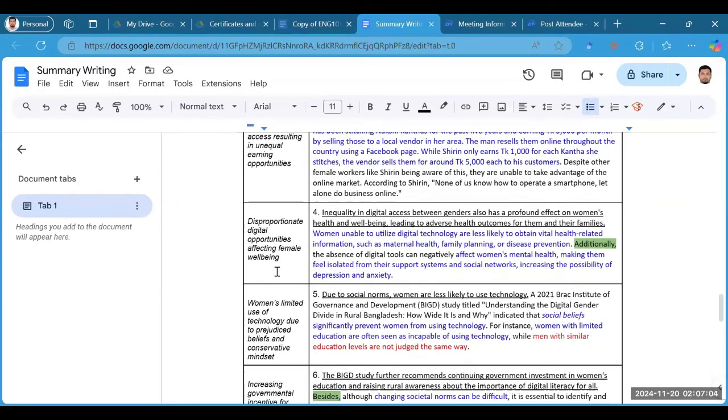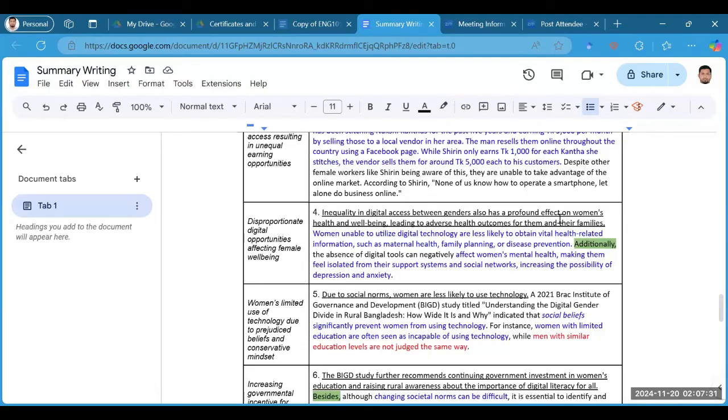All right, so again, the next paragraph, the main idea is inequality in digital access between genders also has a profound effect on women's health and well-being. So it is about health and well-being, and when we discuss health and well-being, they include both physical health and mental health, and also the health outcomes for them and their family.